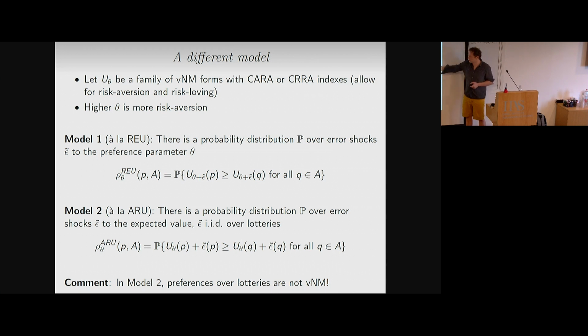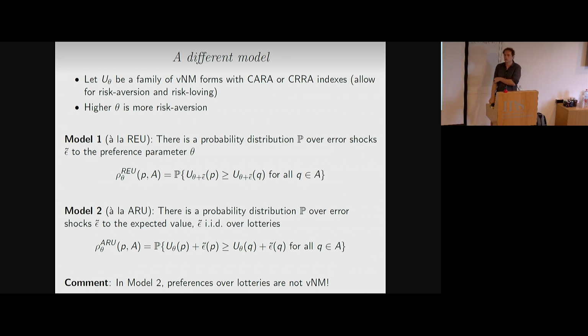That's how it manifests here. But there's an additive random utility version of this model where I add epsilon not to the parameter of risk aversion, but to the evaluation of the lottery. So I add it here. There's an epsilon of P. And that's a very different model, it turns out.